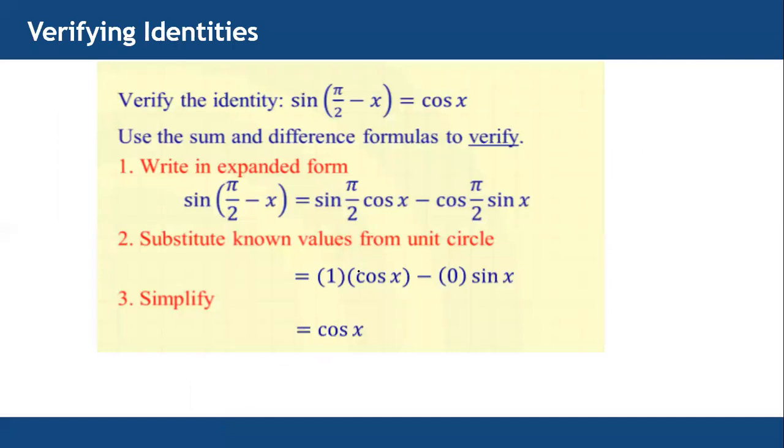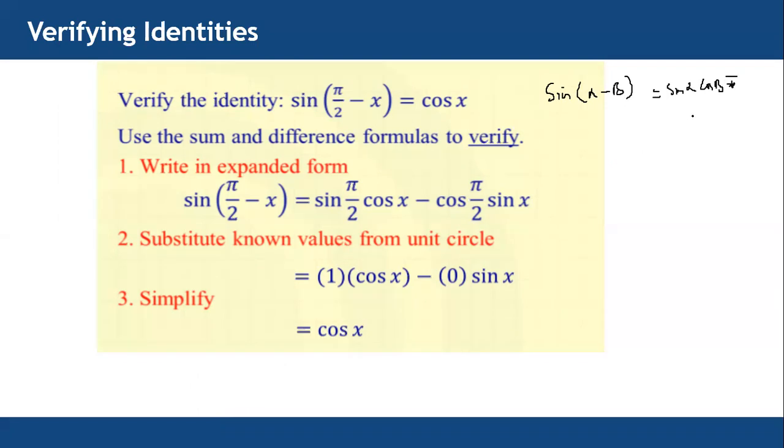we have sine(π/2 minus x) is equal to cosine x. So simple, you can expand this with the help of the alpha plus beta, alpha minus beta formula. Actually, we have sine of alpha minus beta, so sine alpha cosine beta minus cosine alpha sine beta.